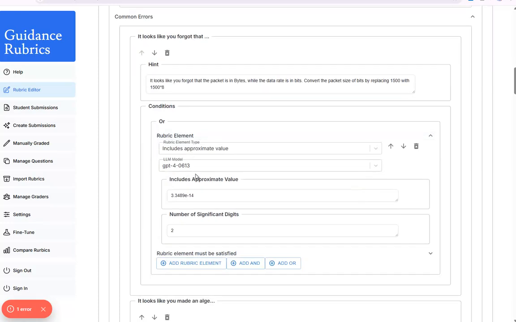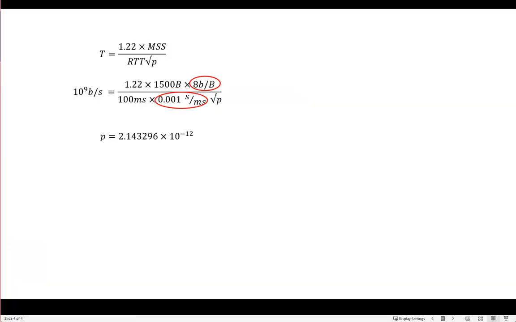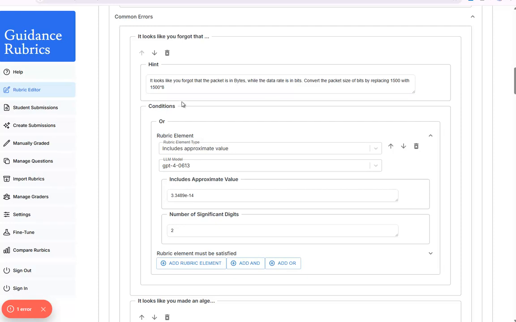So for this one, we see a solution. We see the number 3.3 something raised to the minus 14 within two significant digits. So this happens when they have forgotten this term. Then you would get that value for p. So this is our hint.